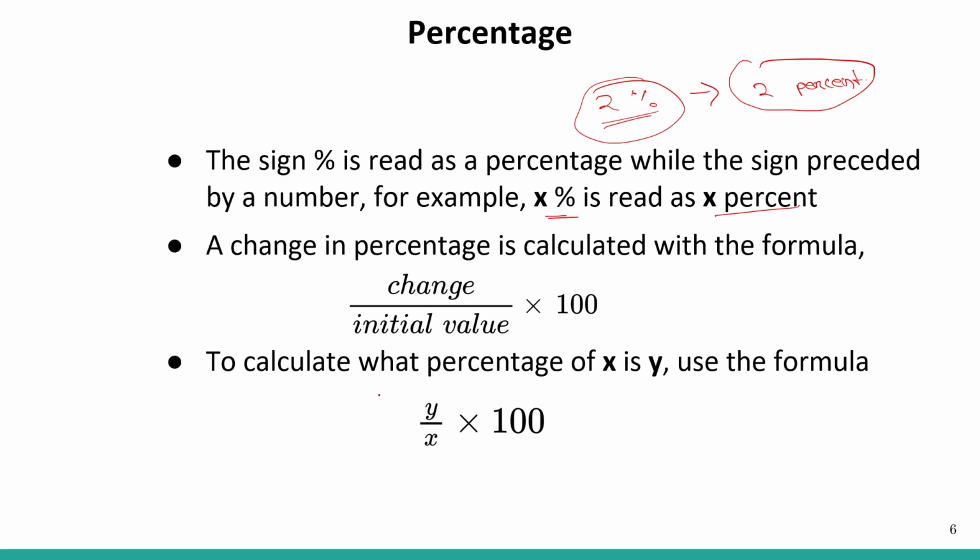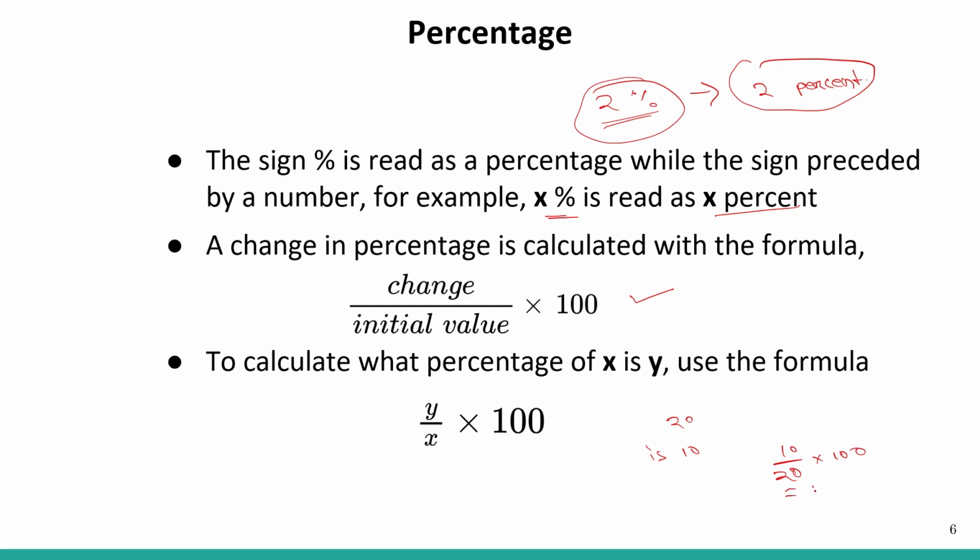Okay, so a change in percentage is calculated with the formula change by initial value into 100. So to calculate what percent of x is y, we use the formula y by x into 100. So if you try to know what percent of 20 is 10, then what you use is 10 by 20 into 100.